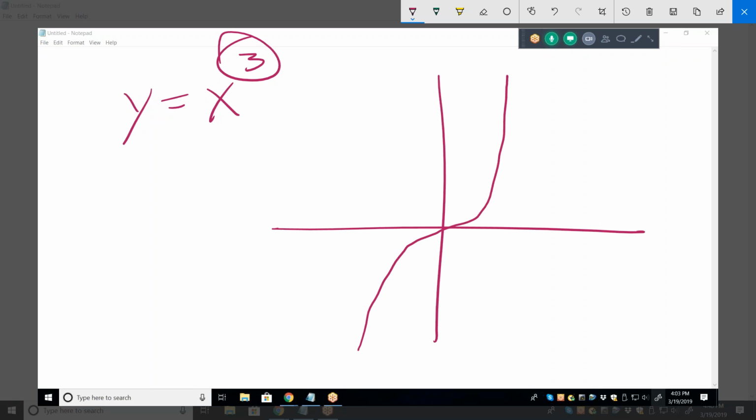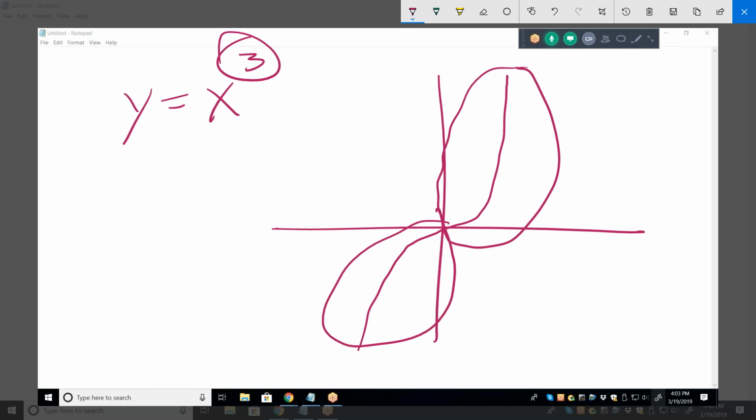Notice that this is symmetrical with this about the origin. In other words, if I were to flip this over the y-axis and flip it again over the x-axis, I would get what's to the left of the y-axis there. So this is an odd function, and it matches that exponent.